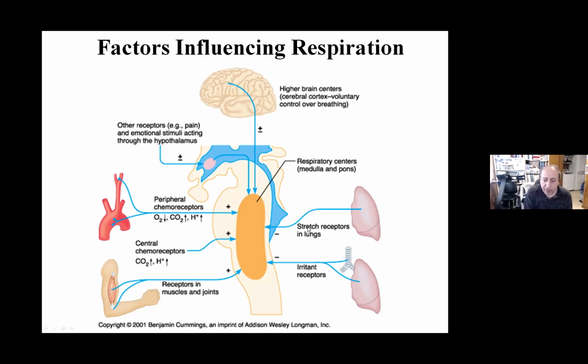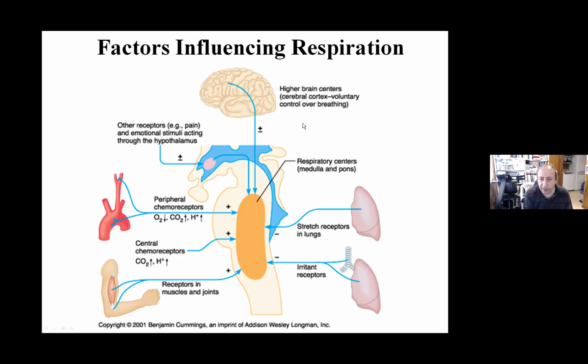There are also stretch receptors in the lung that negatively affect the respiratory center, and there are irritant receptors. If you breathe dust, for example, it irritates your lungs, so you start coughing immediately. So this will affect or modulate the respiratory center.